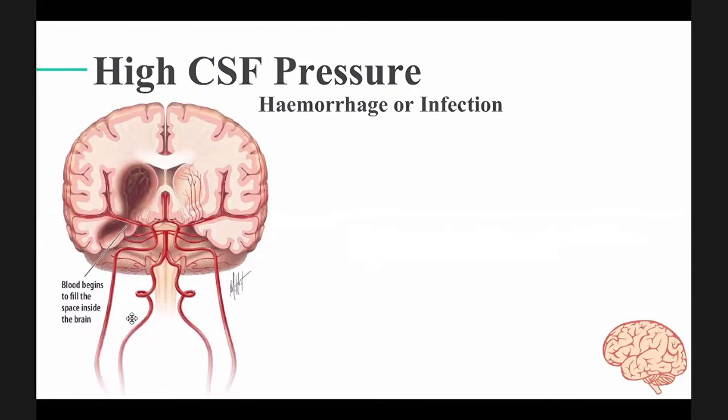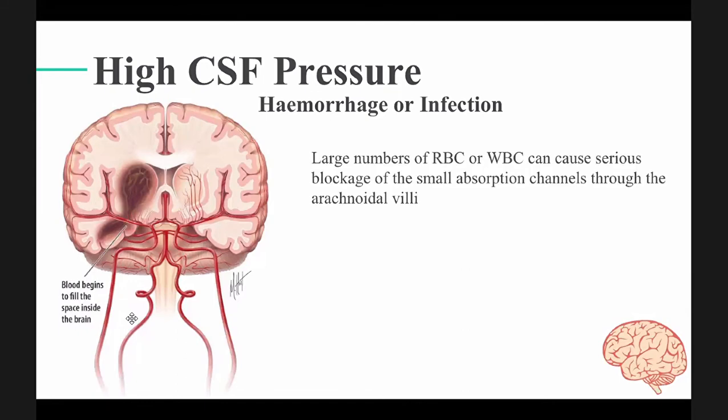Okay, so in hemorrhage or in infection, it can also increase the CSF pressure. In infection, what happens is there is inflammation of the arachnoid villi, and so there will be a problem with the reabsorption of the CSF fluid. In hemorrhage, it's the same: a large number of RBCs or white blood cells can block the arachnoid villi.